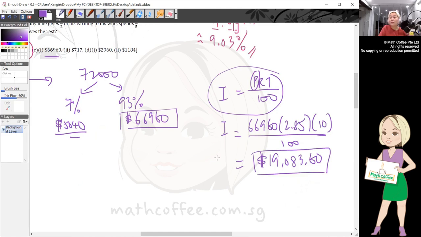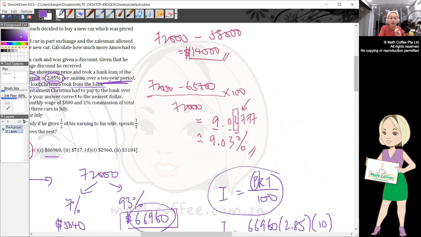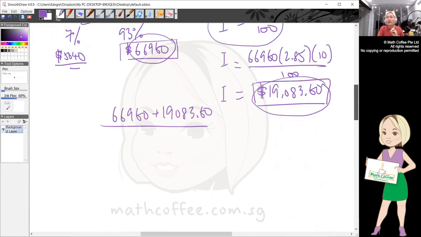It is not the total amount that you need to pay back to the bank. You need to pay back to the bank 66,960, which is the principal, plus the interest. So total 66,960 plus 19,083.60, over 12 times 10, because it is a monthly installment. In 10 years, 1 year has 12 months, so 10 years times 12.